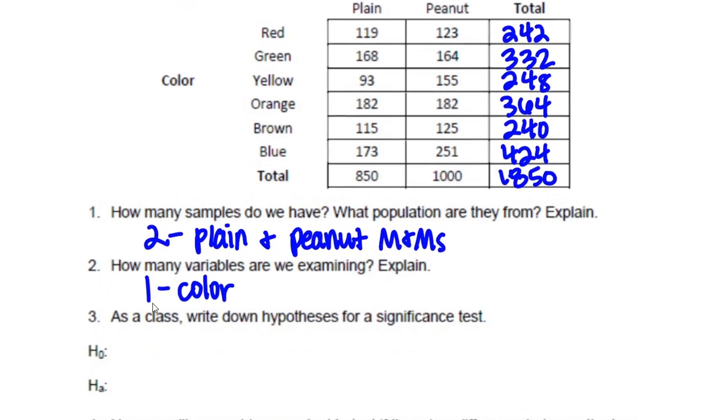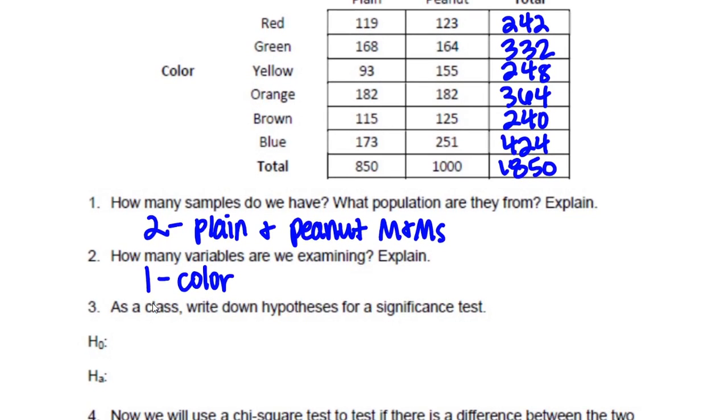Now for this hypothesis test, we haven't learned this yet, so we're going to do it together. Remember, the null is always that there's no difference in whatever we're looking at. In this case, we have 2 groups, plain and peanut M&Ms, and we're looking at the color.